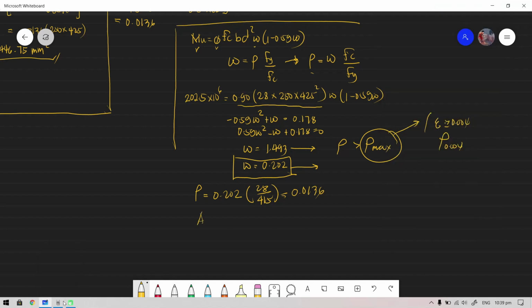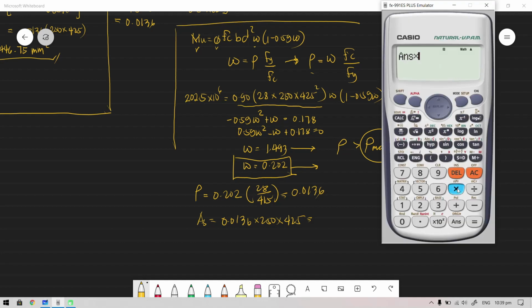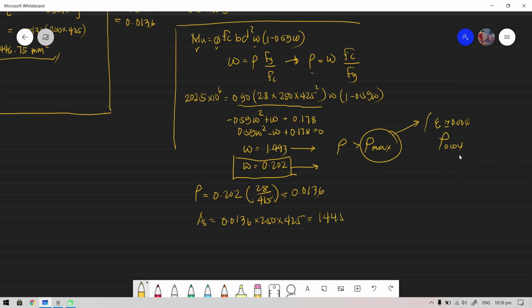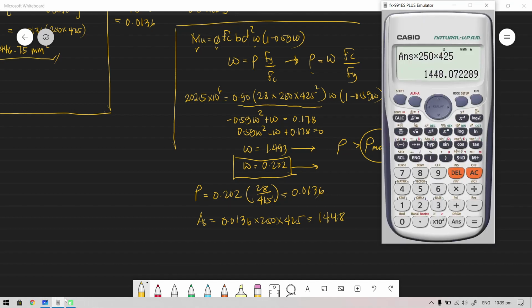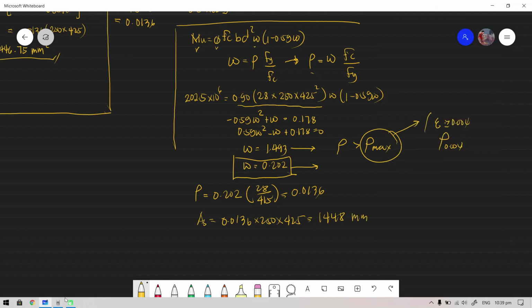And then, AS is 0.0136 times 250 times D. So, multiply ko na lang to, 250 times 425. Oh, 1448.07 mm squared.